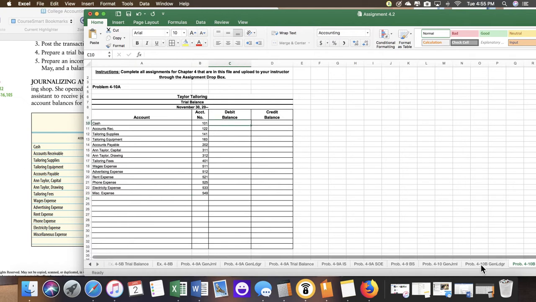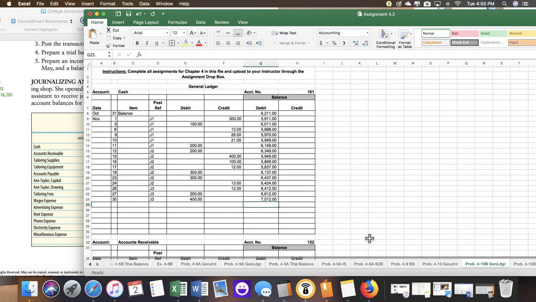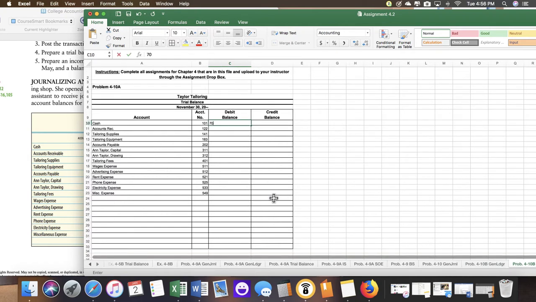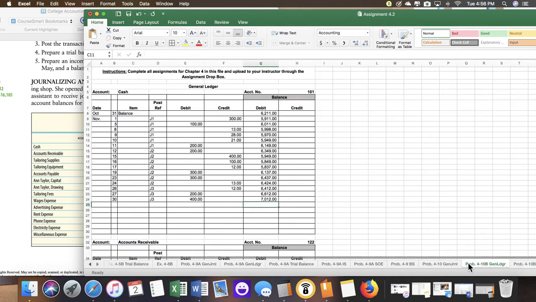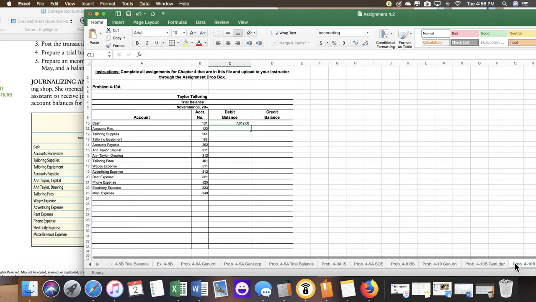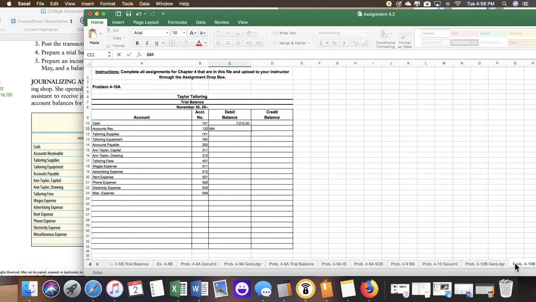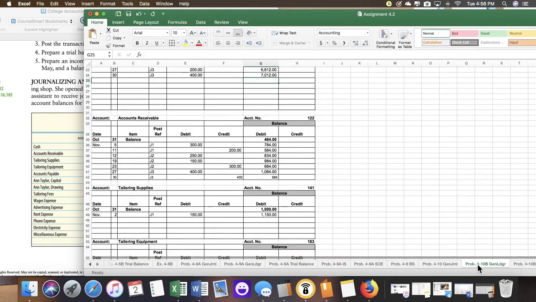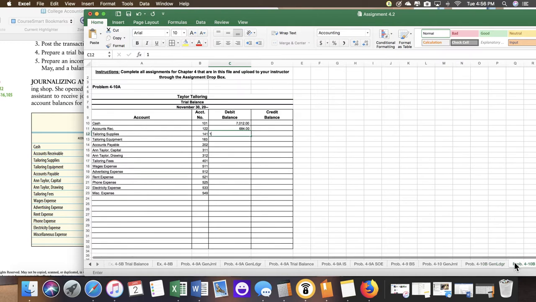So we have the account for cash at $7,012. Accounts receivable we have at $684. Again, we're just going to go straight down the line. I'm going to go ahead and pause the video and finish up entering in the information from the general ledger.